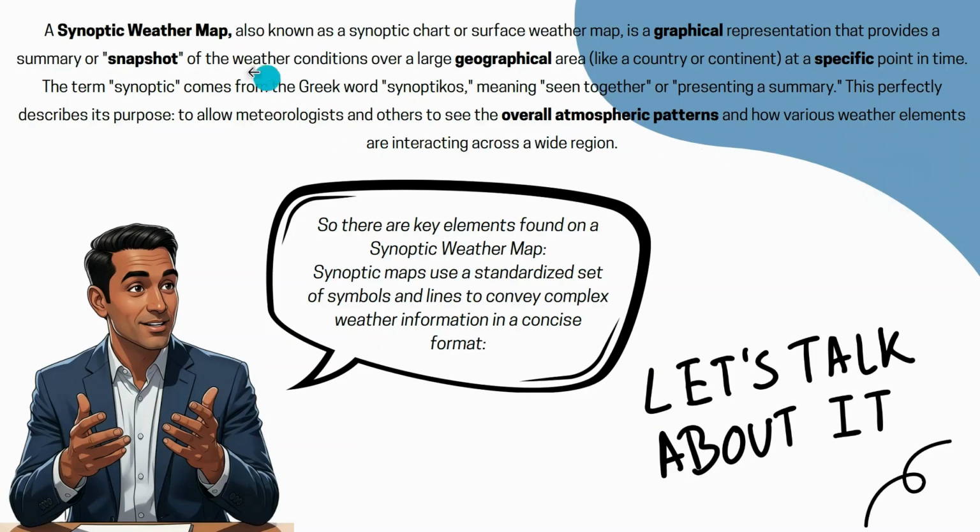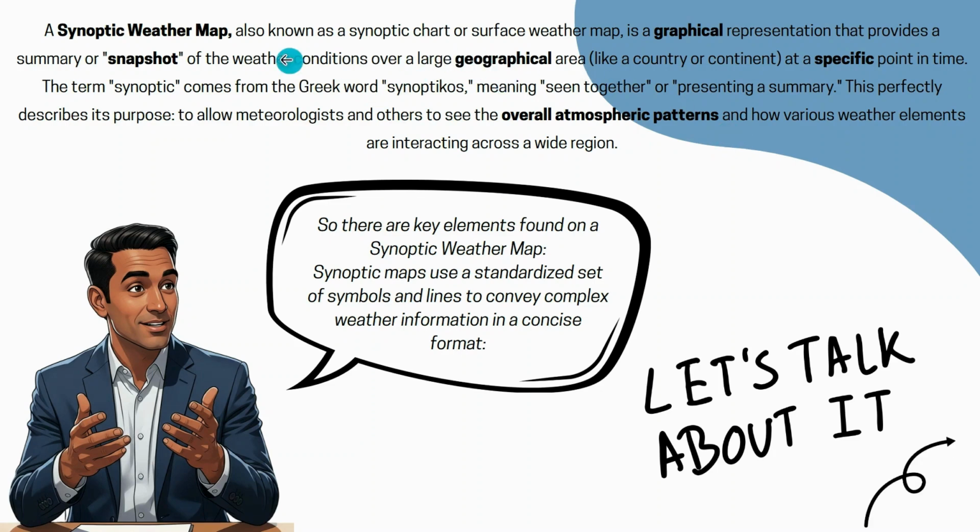So a synoptic weather map, also known as a synoptic chart or surface weather map, but best that you know the name synoptic weather map. It is a graphical representation that provides a summary or a snapshot of the weather conditions over a large geographical area like a country or a continent at a specific point in time.